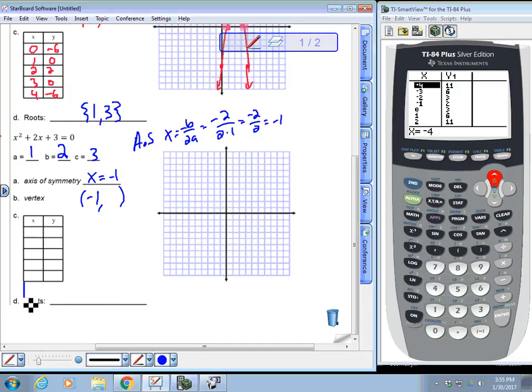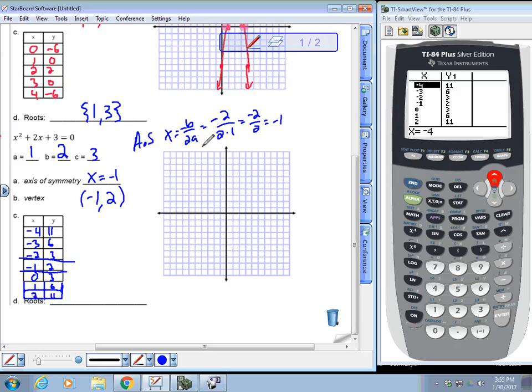On this one I'm going to extend this table a little bit because I can fit these numbers on there without major problems. So -4, 11, -3, 6, -2, 3, -1, 2, where my vertex is, 0, 3, 1, 6, 2, 11.